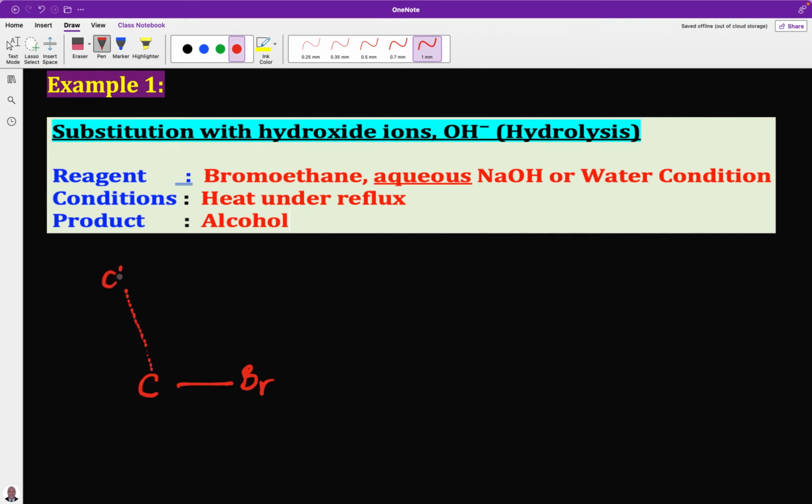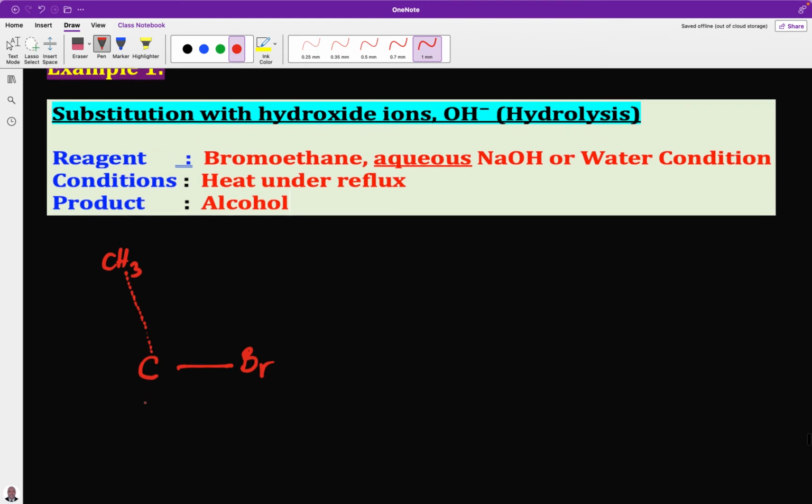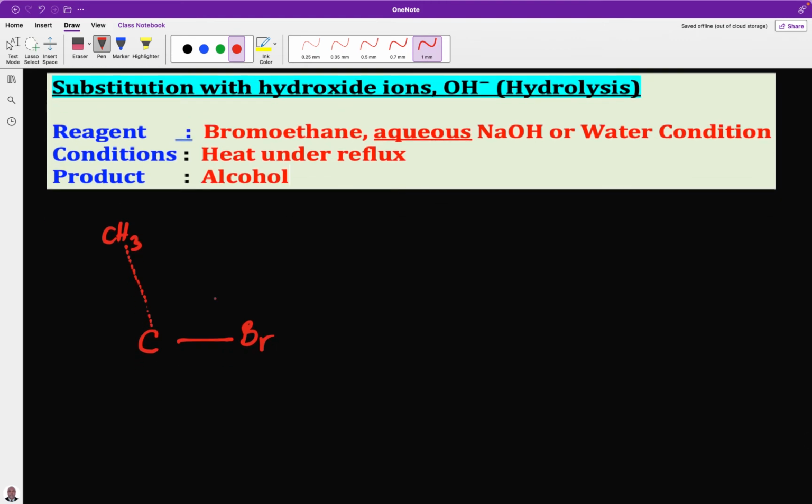There is a CH3. There is a hydrogen. There is still another hydrogen here.